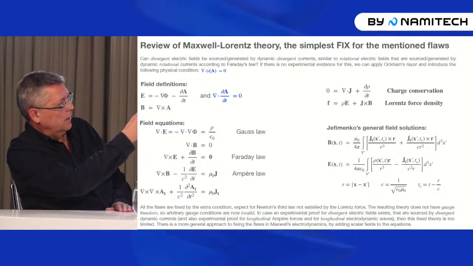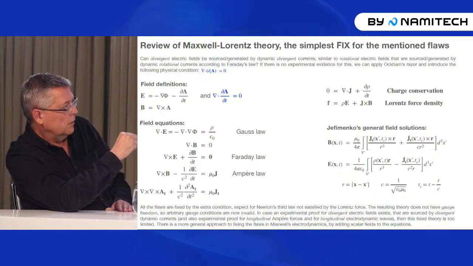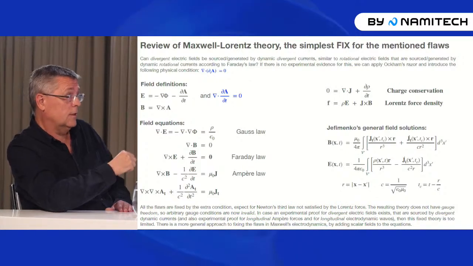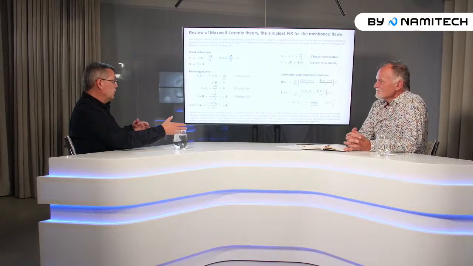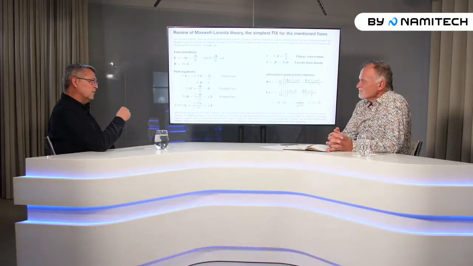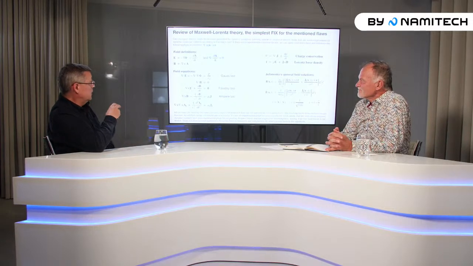And we can see that in the Jefimenko general field solutions. We now have a Coulomb field term that is instantaneous, no longer delayed in time. There's no time delay to it. Also these red terms that I mentioned before disappear from the equations. So now it's a much more balanced, much better theory, except of course for Newton's third law. That's still violated by this theory, so it's still not perfect.